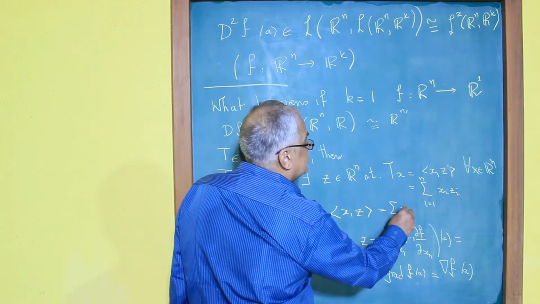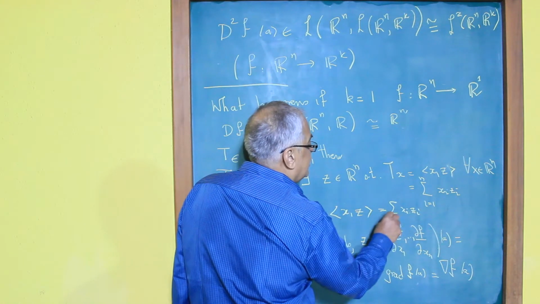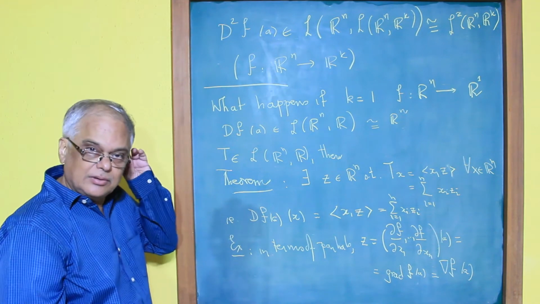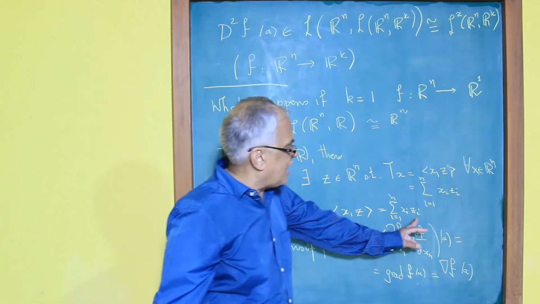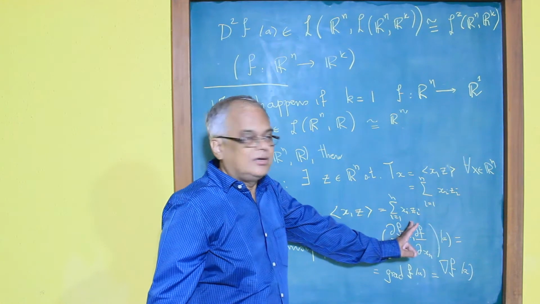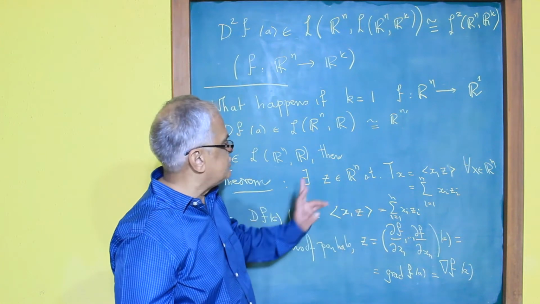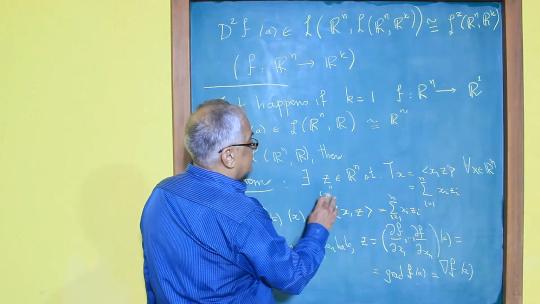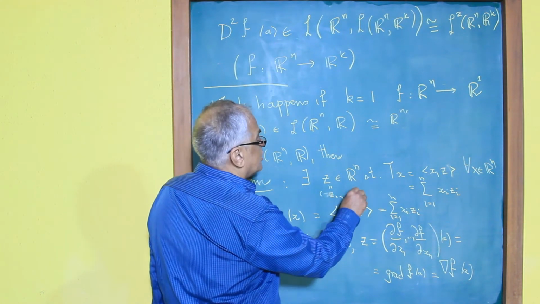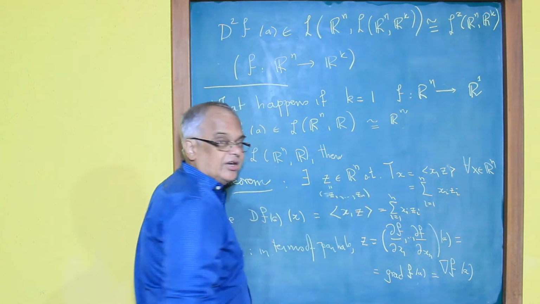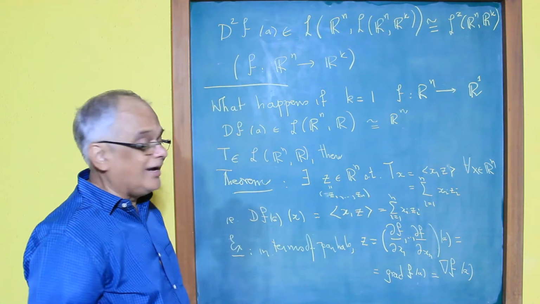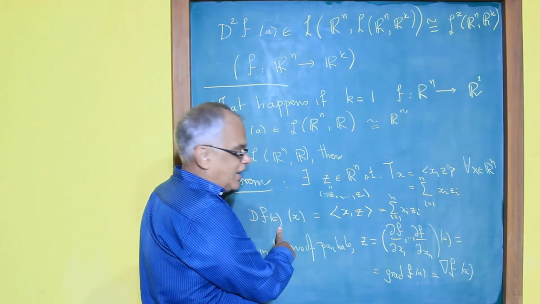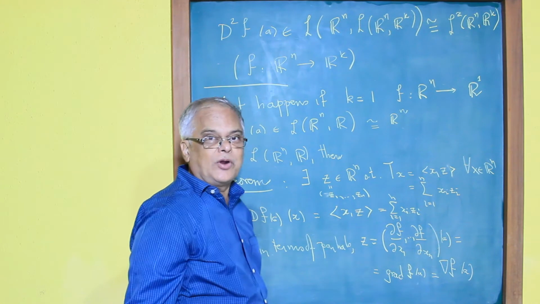This is the summation of xi zi, i equal to 1 to n. Note that this term is linear in z. The zi's are the components of z, so z is equal to z1, ..., zn. So the gradient in fact is the representation of the linear map df in terms of the inner product.